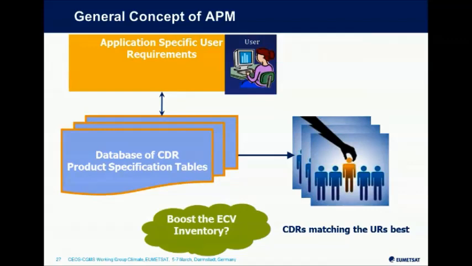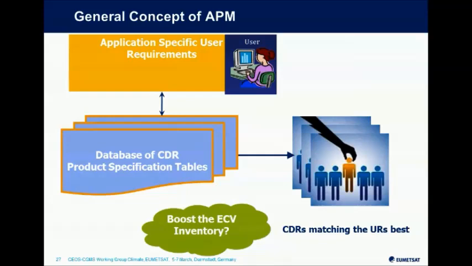Currently what we have is the ECV inventory, you might know. The ECV inventory provides some or most of the technical details a user needs for these essential climate variable data records. If you Google for the ECV inventory, you can see the details of that and what sort of information is in the inventory.